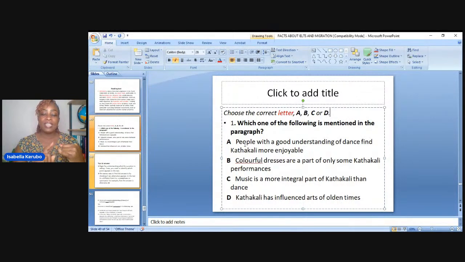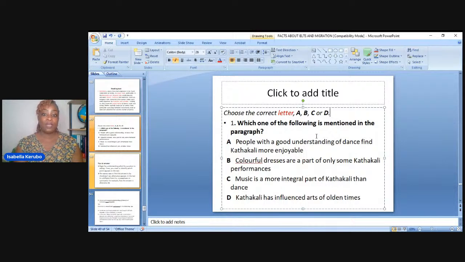So if the instructions were that you choose the correct letter, write a letter. Do not write the word. Don't write the whole sentence. All right? So in this case, we are either going to choose A, B, C, or D. We are not going to write the full sentence.